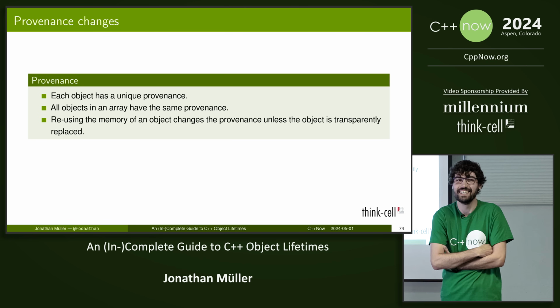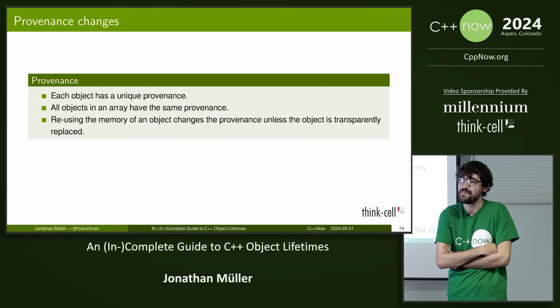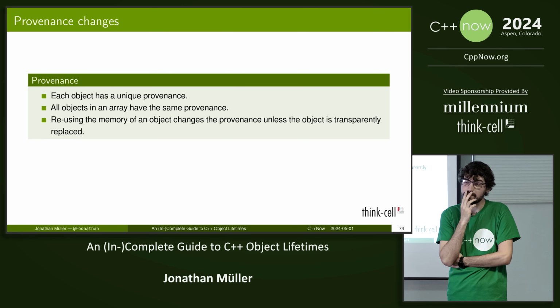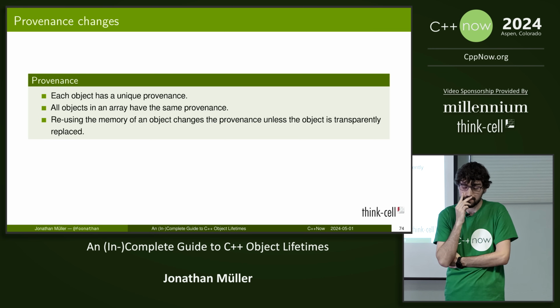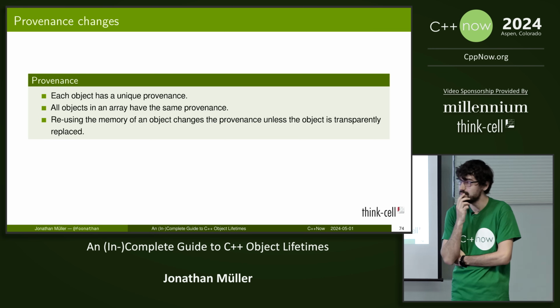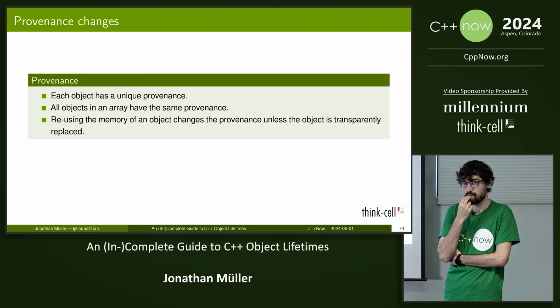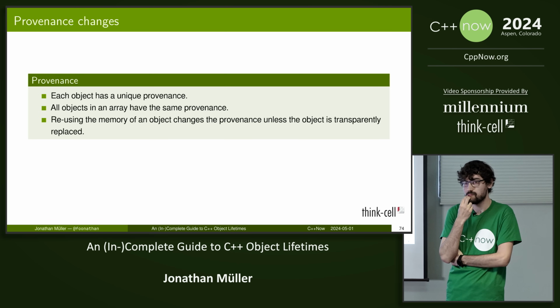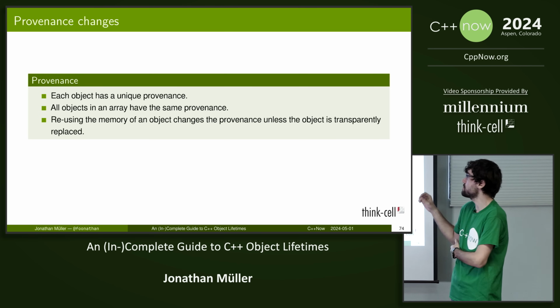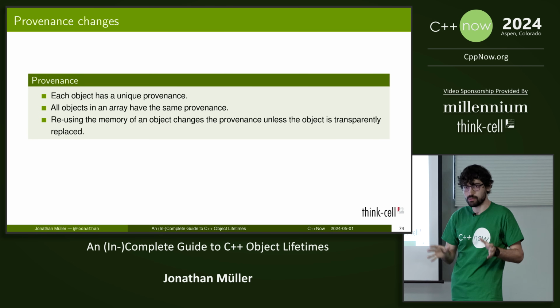Just a clarification, because it's becoming a knot in my mind. You said earlier that you were talking about the abstract machine defined in the standard, but now you said that provenance is not in the standard. Yes, provenance is not a phrase the standard uses.